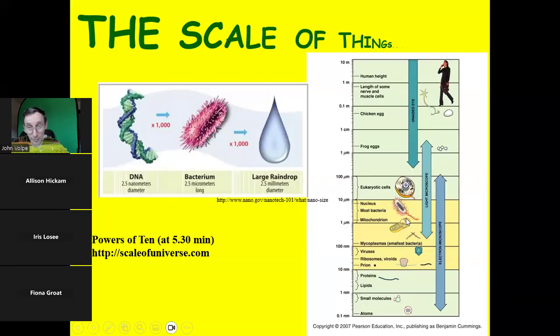Below the size of a prokaryotic cell, we have a virus. Below the size of a virus, we have a large biological molecule, such as a protein or lipid or fat or carbohydrate, a very large carbohydrate. Below the size of a large molecule, we have small molecules like water.